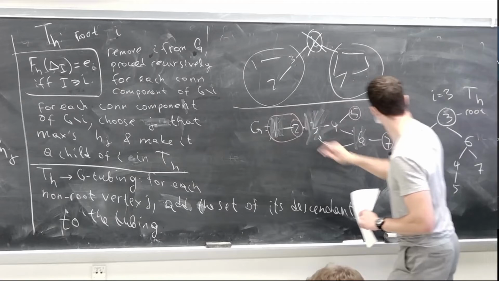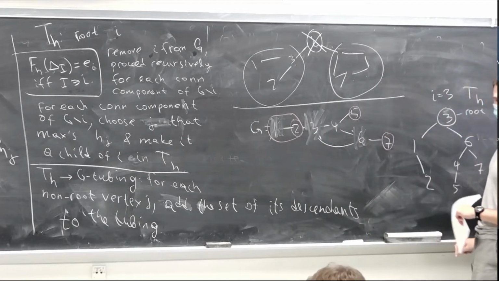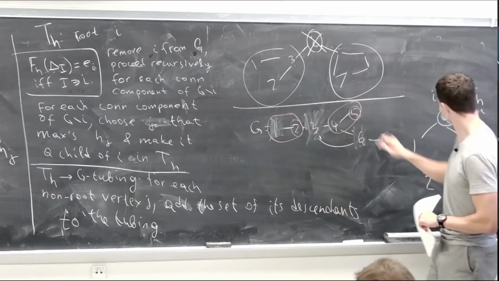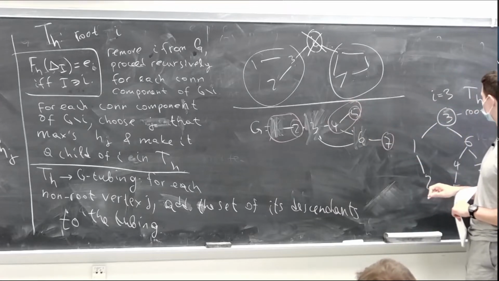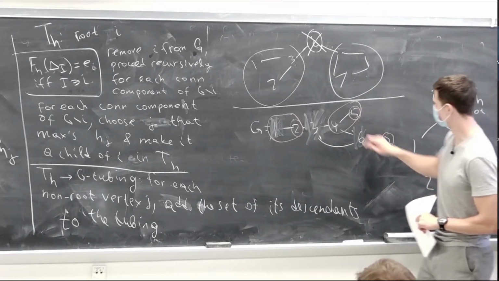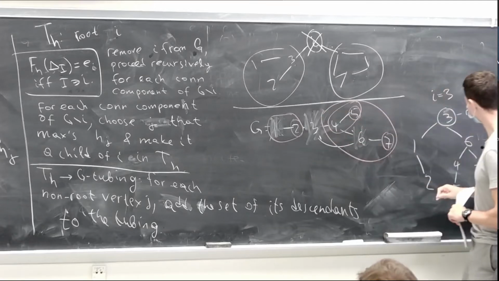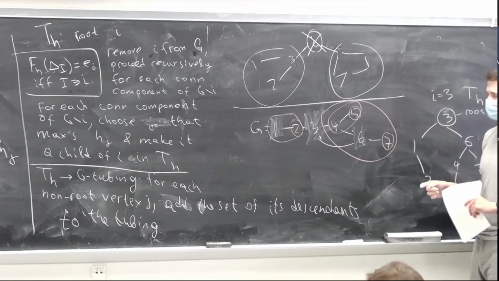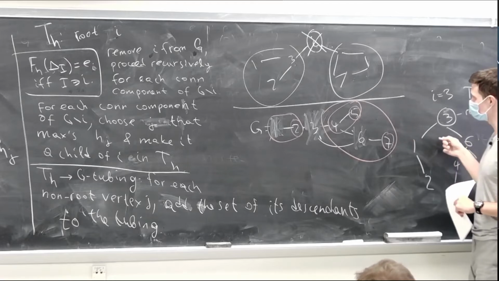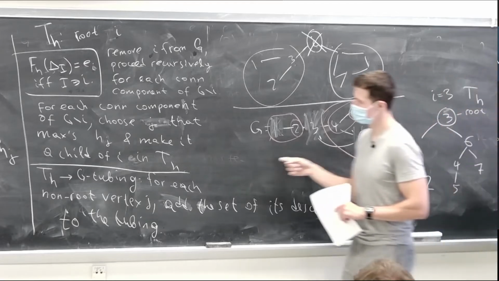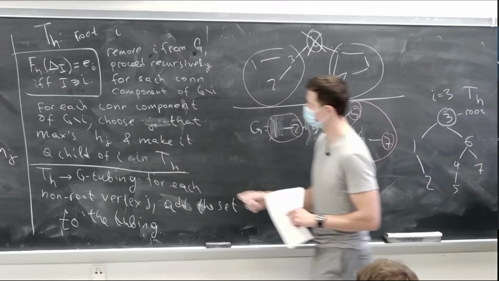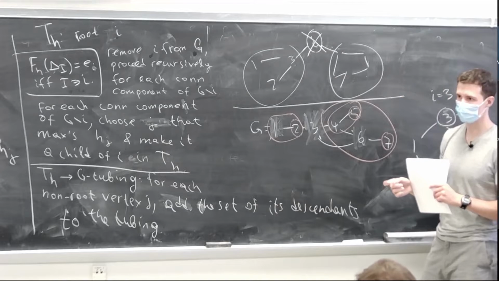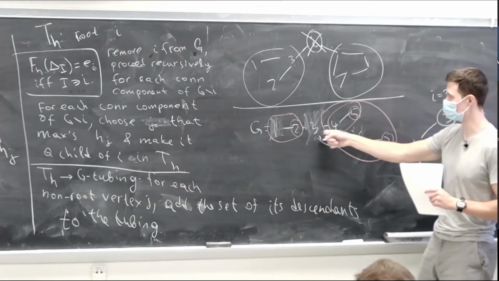Okay, so what else? 4, 5. 4, 5, 6, 7. All right. So this is a G-tubing. And the claim is that any two h's give me the same tree if and only if they give me the same vertex. And the trees I get are going to be in bijection with tubings.